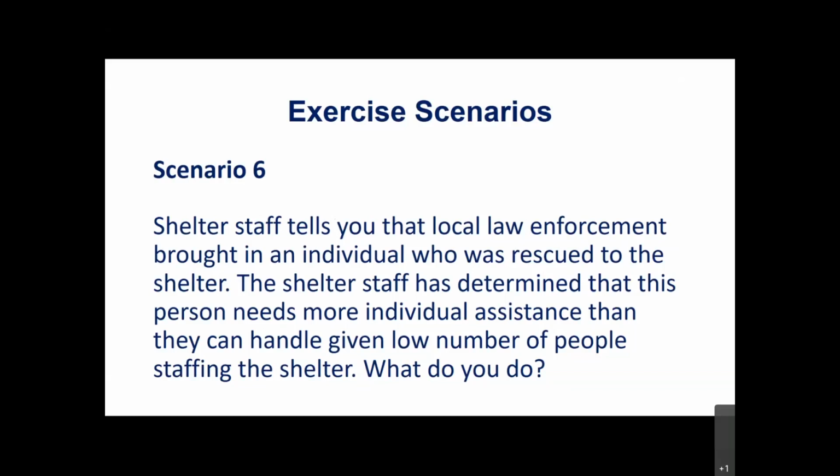This one says again to see if anyone in the shelter might know the individual and could help, or if there's anyone in the shelter who might be able to help the individual while he's there. And again, you can always put in a request for personal care assistance, if that level of service is necessary, through the shelter manager. Right.